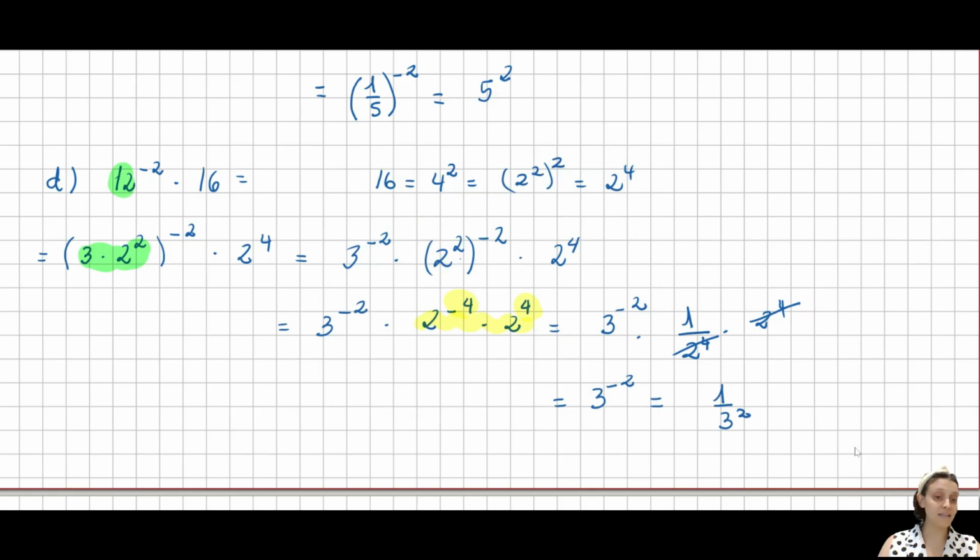But the negative has been already operated, so we don't put it. Then, if we want to express it as a single power, 1 can be to the power of anything. It's going to remain as 1, and then we have 3, and this is going to be to the power of 2, because 1 to the power of 2 is 1, and 3 to the power of 2 gives us this one right here.